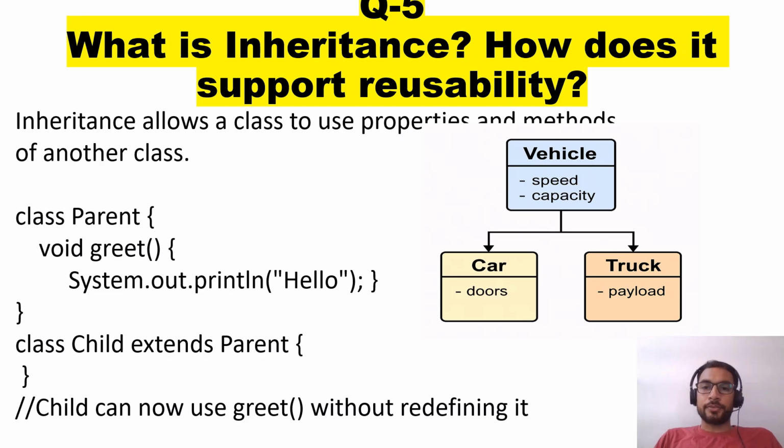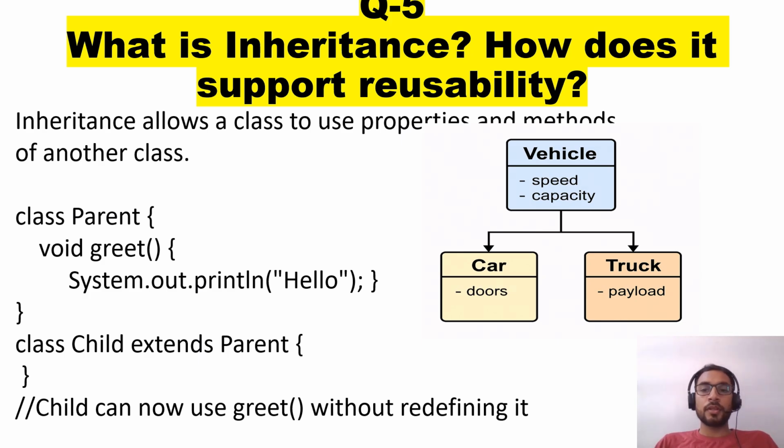What is inheritance? How does it support reusability? Inheritance allows a class to use properties and methods of another class. For example, we have a class Parent with a void greet method that prints hello. We have one more class Child which extends the Parent class. So this Child class can now use the greet method without redefining it.